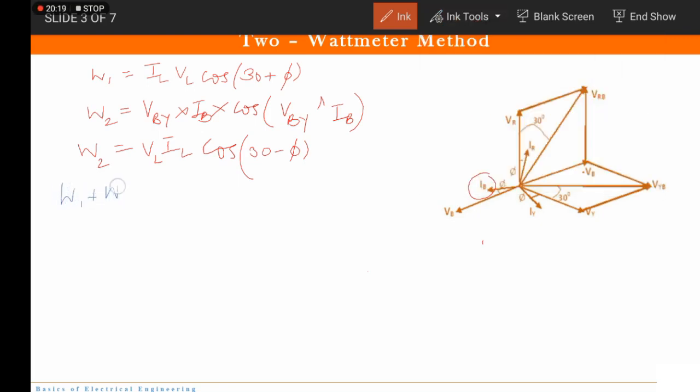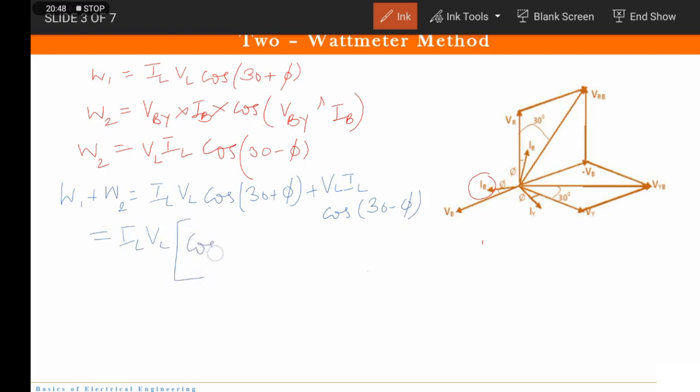W1 plus W2 gives me IL VL cos(30 plus 5) plus VL IL cos(30 minus 5). So I will take IL VL common, and I have cos(30 plus 5) plus cos(30 minus 5).